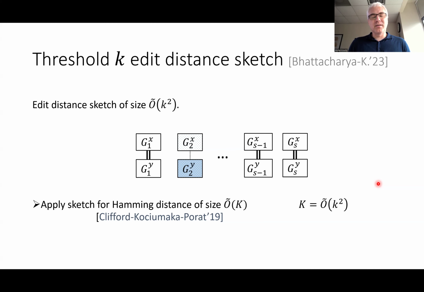And it has some additional nice properties, which I'm not going to discuss here because they are not actually necessary for our results. But you could do this basically with any other sketch. So the only thing you need is to be able to recover the different positions, and that's it.